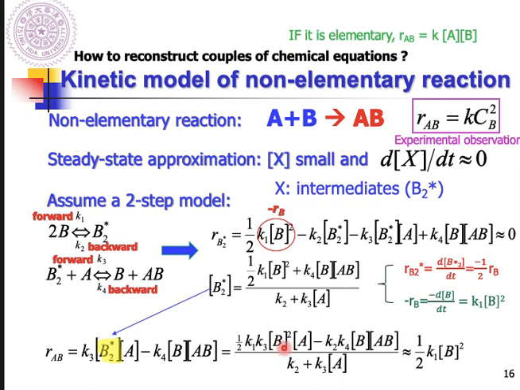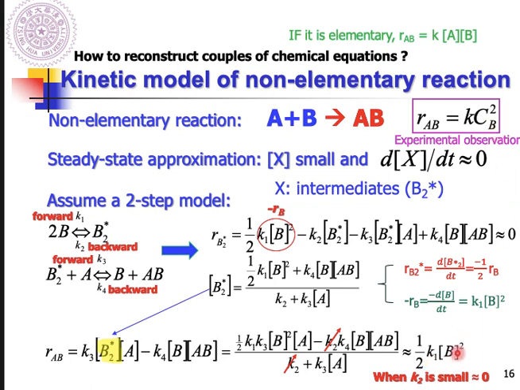So as long as you delete this term, if this term is small, then it will be proportional to CB squared. This term is small only when K2 is quite small. So when K2 is quite small, the generation rate of product AB is close to 1 over 2 K1 CB squared.